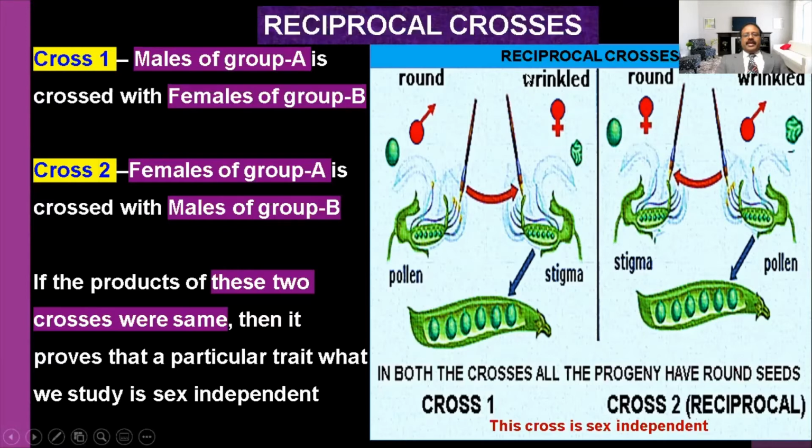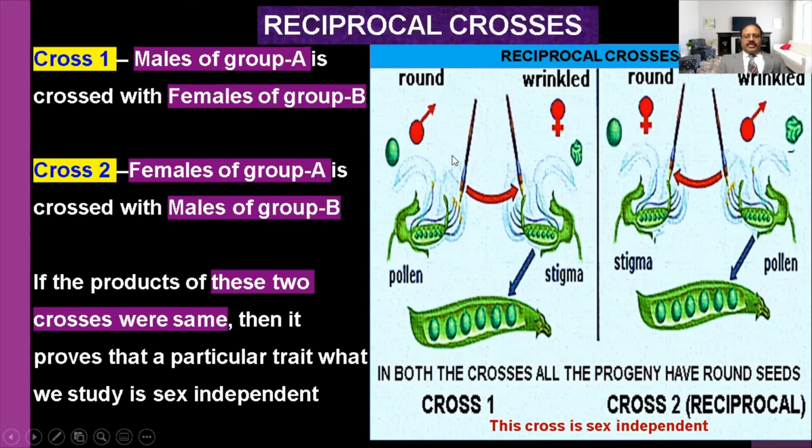The wrinkled plant acts as a female plant. When these two are crossed together, we get the seed. When we plant the seed, we get round seeded plants only. The P is round in color, round in shape. So this is called the first cross.